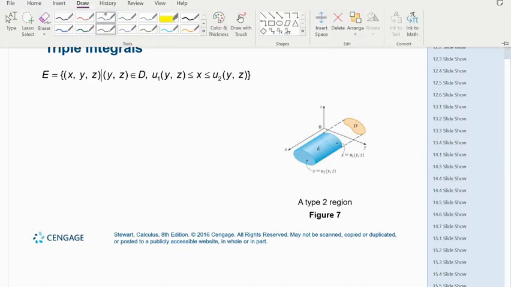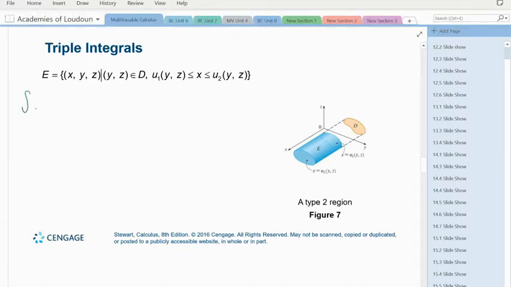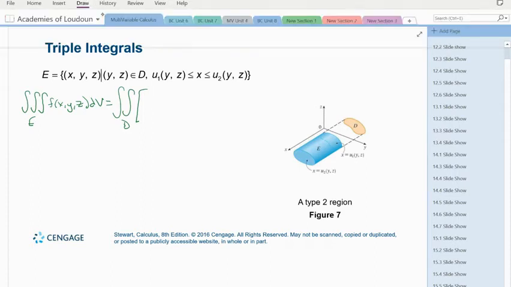And then we would have the triple integral over the region E of our function f of x, y, z dV is going to be the double integral over the region D of the integral from u sub 1 of y,z to u sub 2 of y,z of our function f of x, y, z.